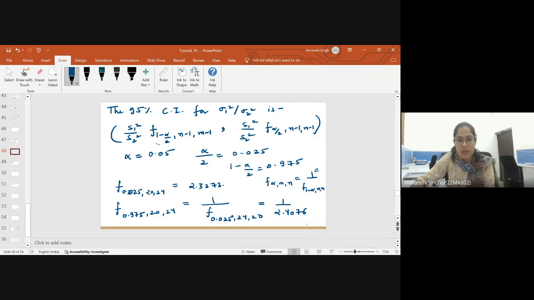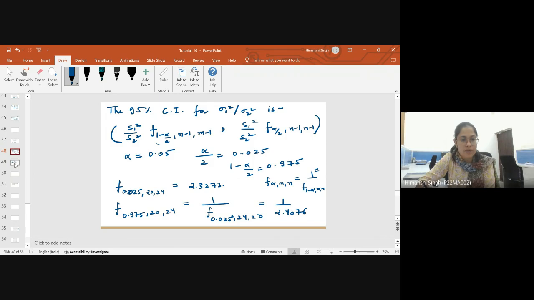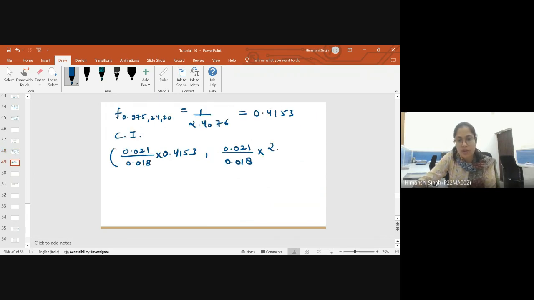So this value is 0.4153, comma 0.021 divided by 0.018 times 2.3273.